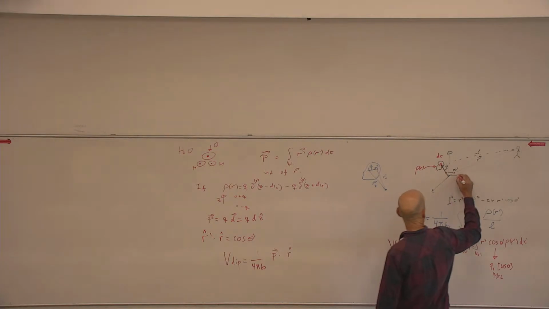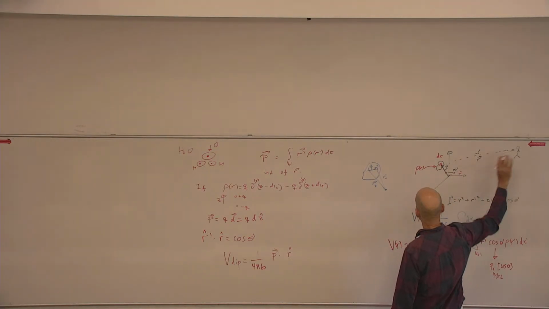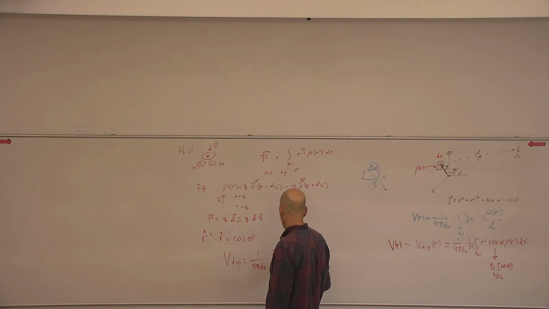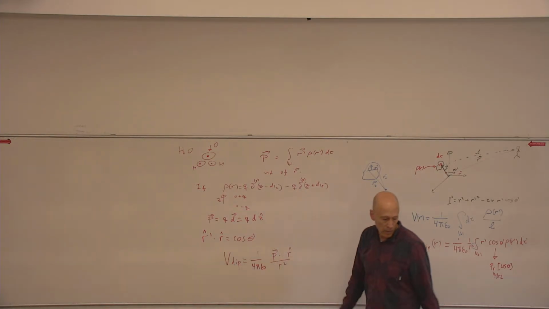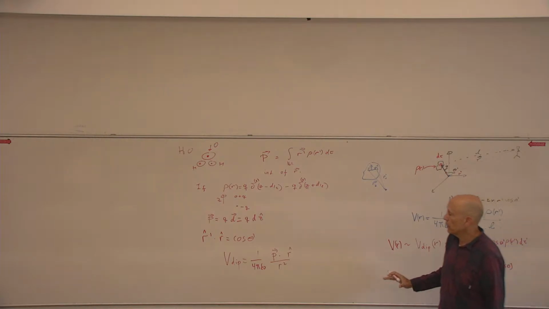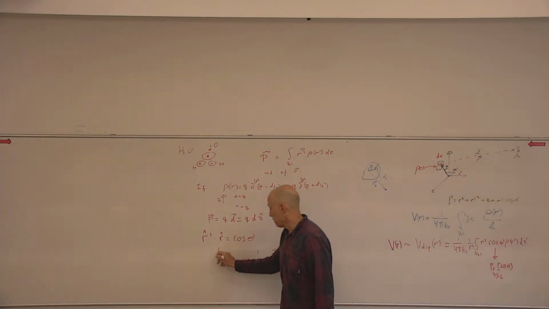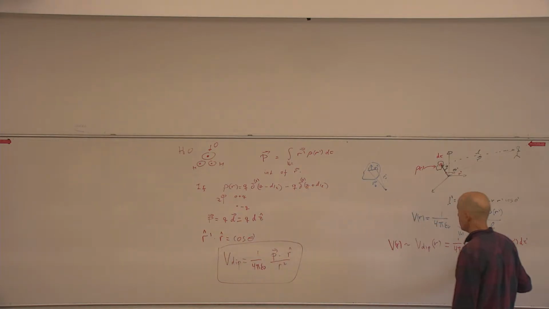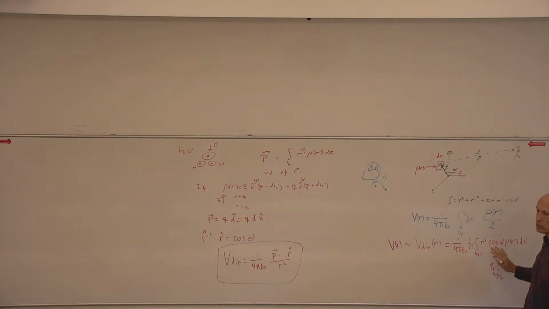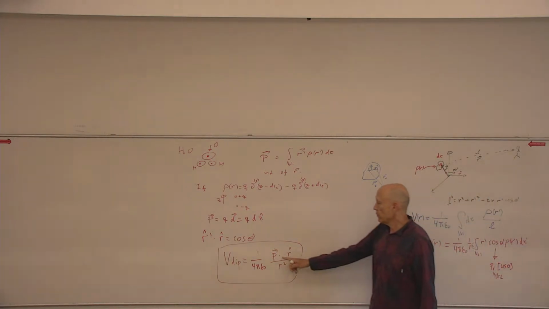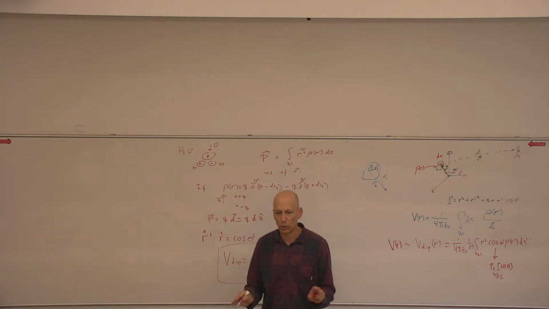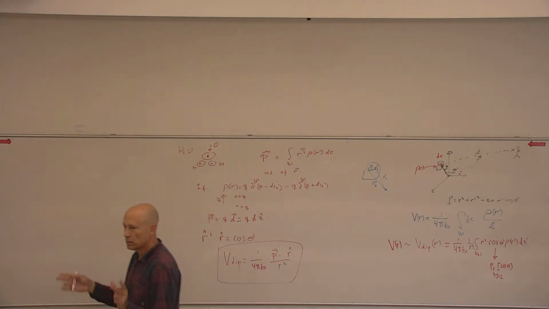So r hat again, this is r hat, the direction of r, where you're looking at, divided by r to the power 2. So the idea here is that we started with an integral which has no vectors inside, right? Here we have a vector, so it looks bad because you like scalars in some sense.